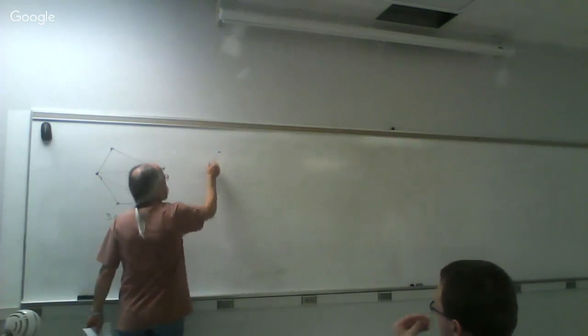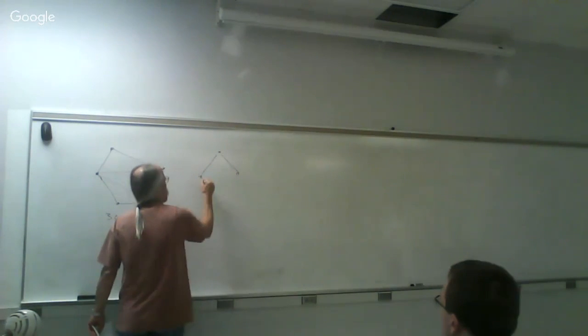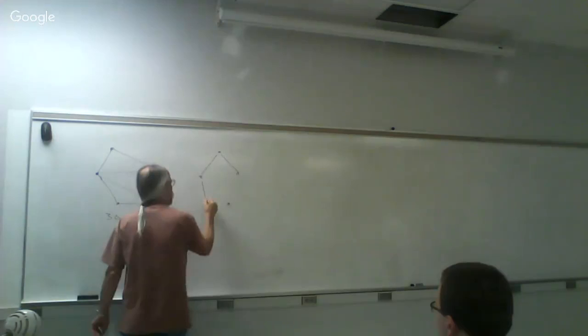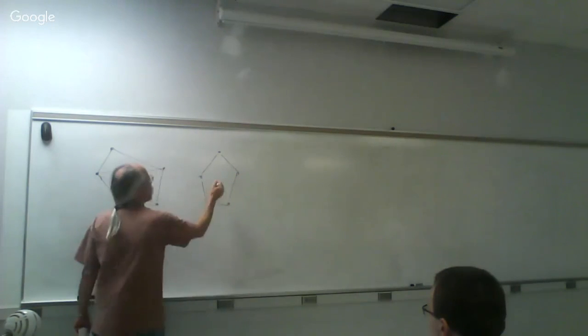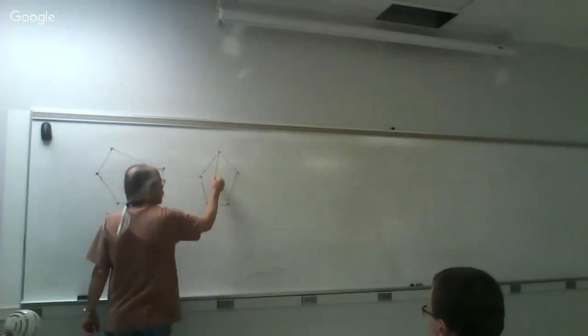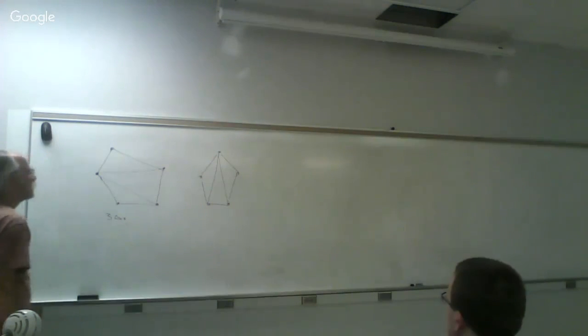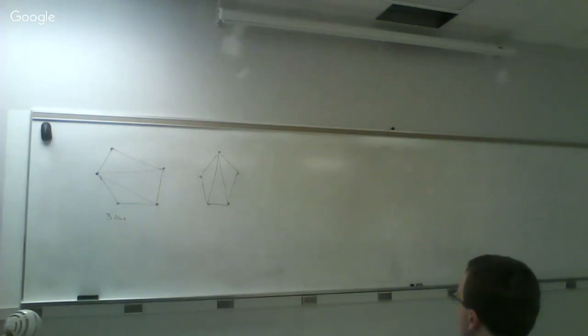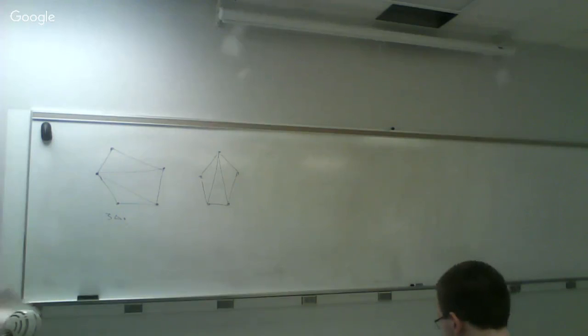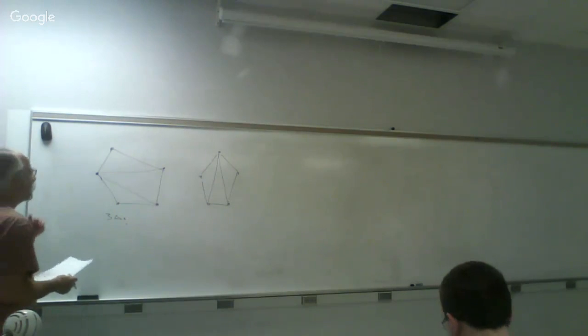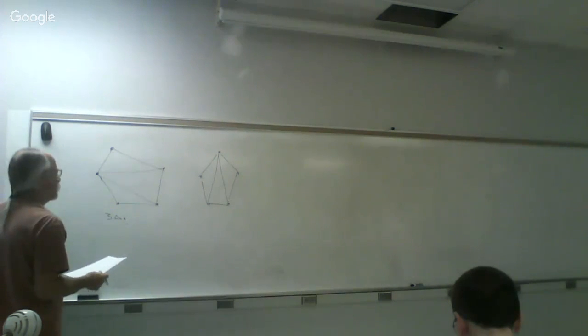But the thing about pentagons is if you do that from any place, you get 3 triangles, because really once you draw a diagonal, you don't have any choice on where the other triangle is going to lie. So there's 3 triangles that come out of the deal.